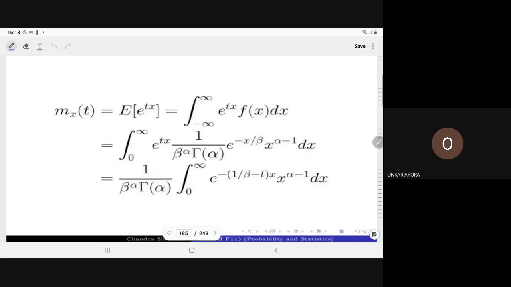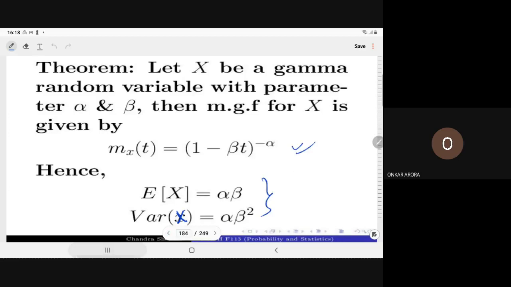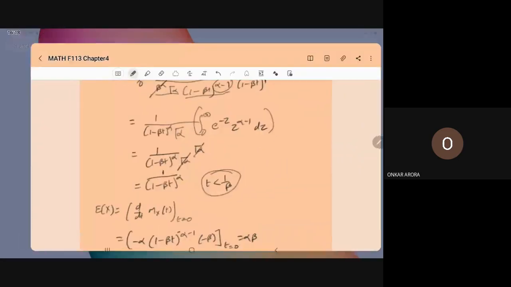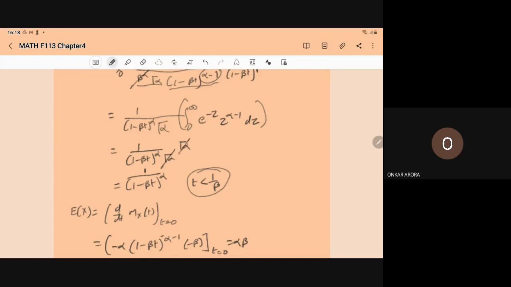So here we have E of X equal to what? E of X, by definition from the mgf, you know how to compute the expectation of X. It is the dM by dt of MX(t) at t equal to 0. So what is MX(t)?